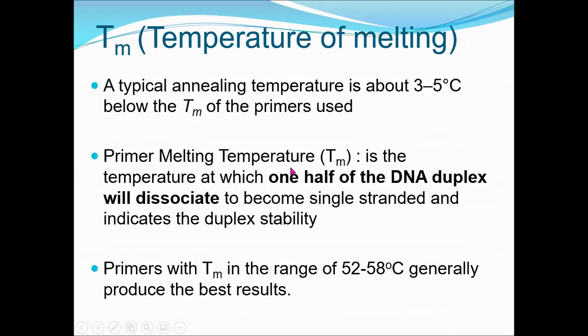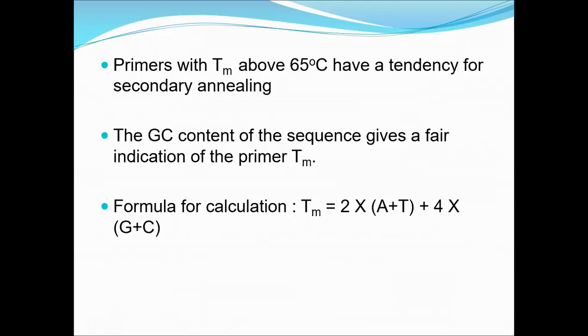The primer melting temperature, the Tm, is the temperature at which half of the DNA duplex will dissociate to become single stranded, and it indicates the duplex stability. Primers in the Tm range of 52 to 58 degrees Celsius give the best results.